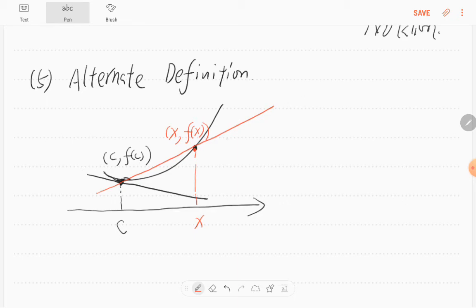Let's connect these two points. The slope of this secant line is f of x minus f of c over x minus c.